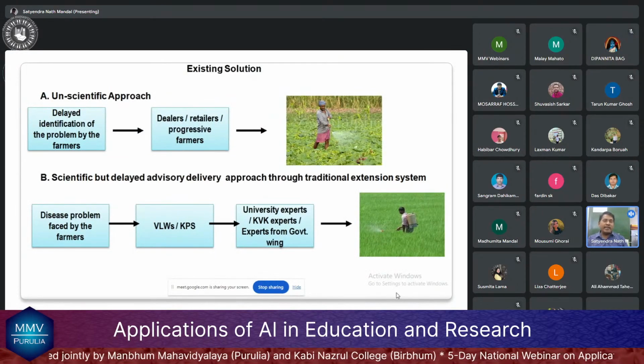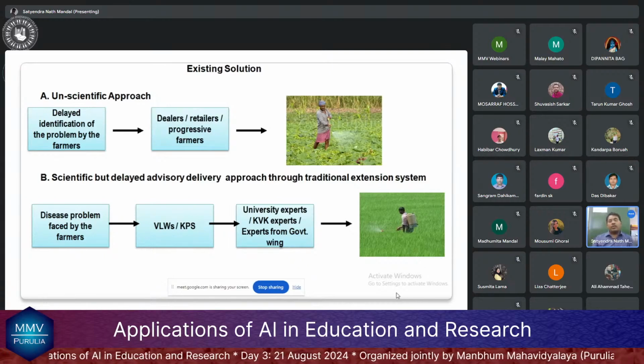Now, this is our traditional way. If a farmer sees something happening in the field, they inform the crop counsellor. Then the farmer consults with a dealer or retailer, and they give some pesticides, which the farmer brings and sprays in the field.